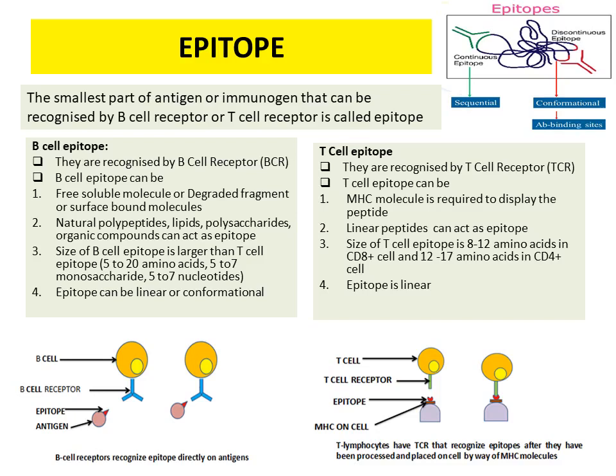So in this diagram, you can see that in this B cell, the B cell receptor is there, and the antigen having the epitope directly binds with it. But in this case, the cell has an MHC molecule, and on the MHC molecule we have the processed epitope, the processed peptide, only the peptide which can bind with the TCR.